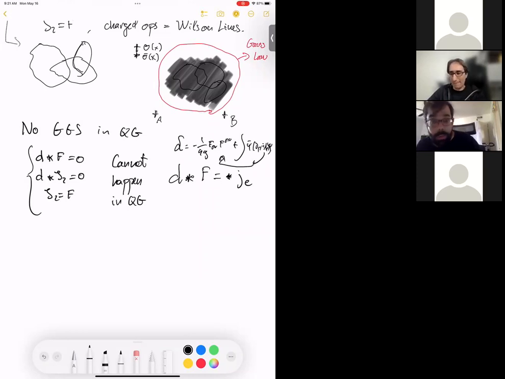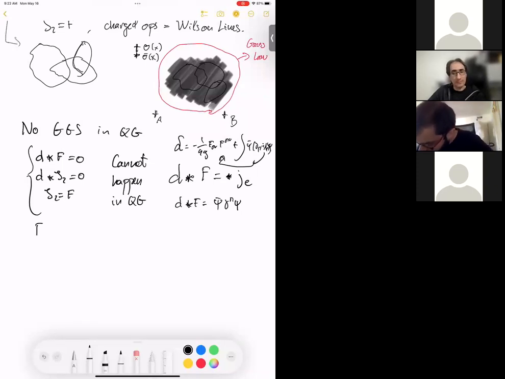Then when you work out the equations of motion of this theory, they are d star F equals something, basically what is called the fermion current for this thing. Okay, so this is no longer zero. The divergence is no longer zero. We have broken the symmetry, and now it's okay with quantum gravity.